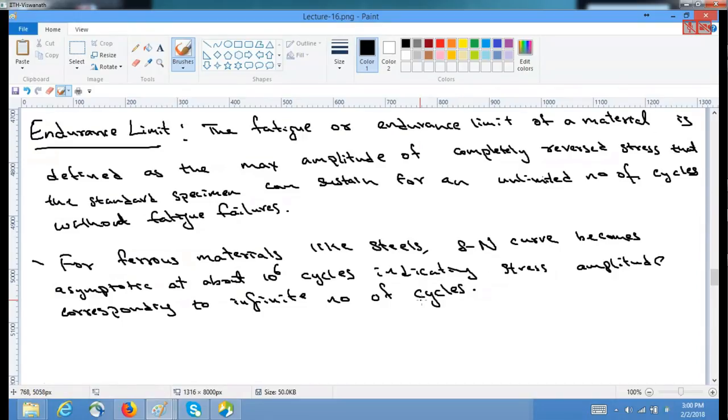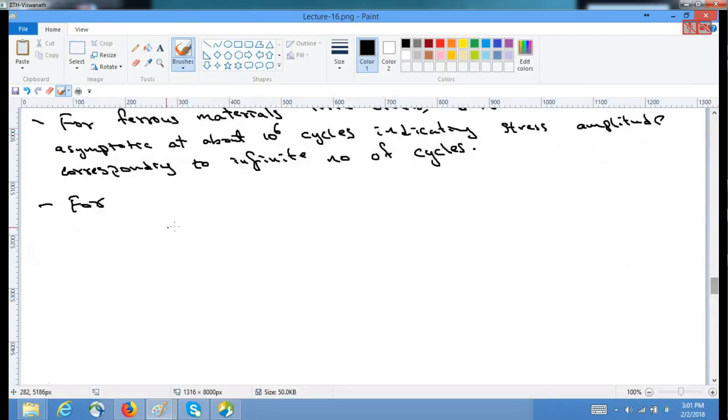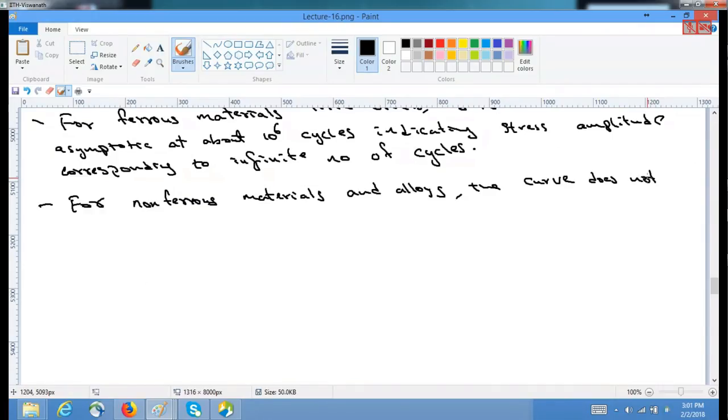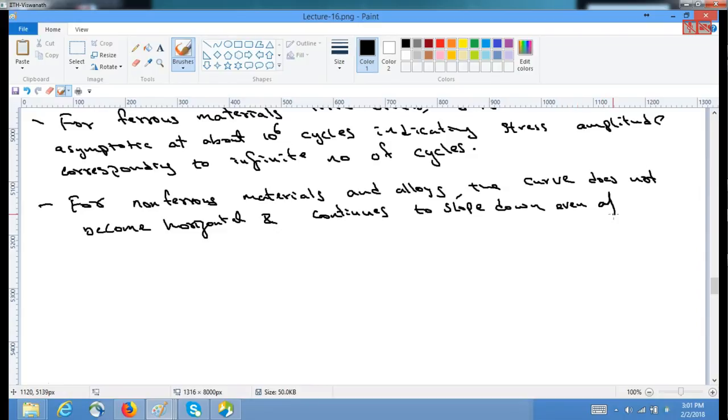Similarly, for non-ferrous materials and alloys, this curve does not become horizontal and continues to slope down even after 10 power 6 cycles.